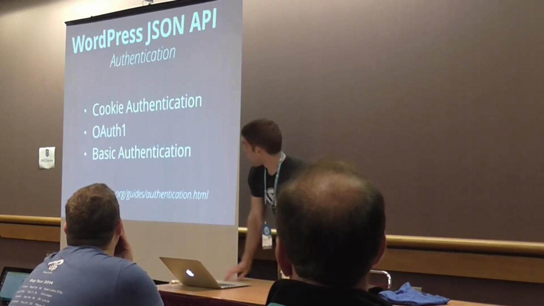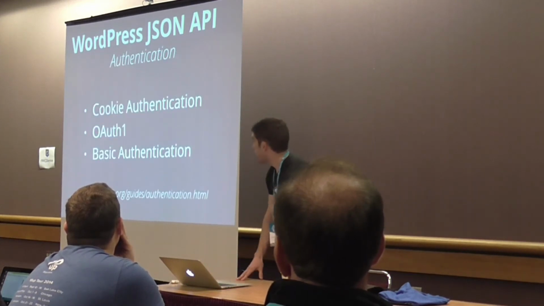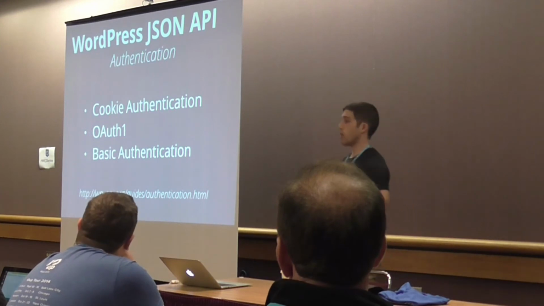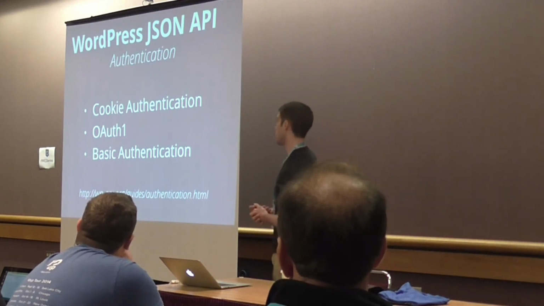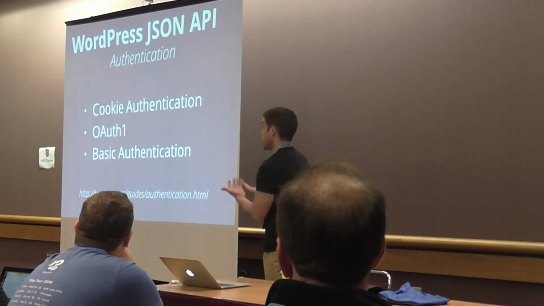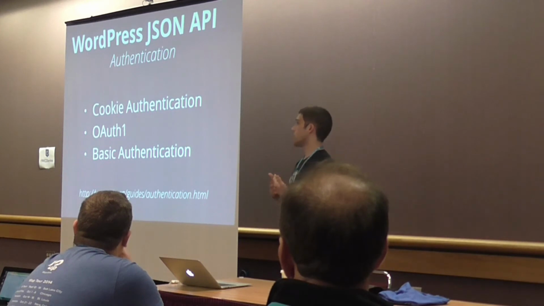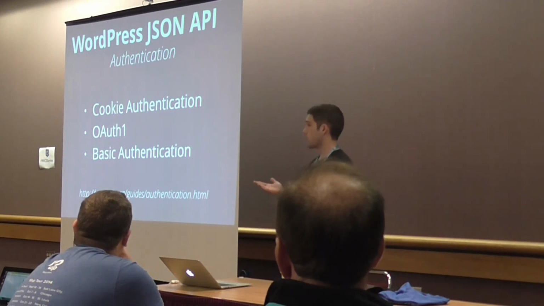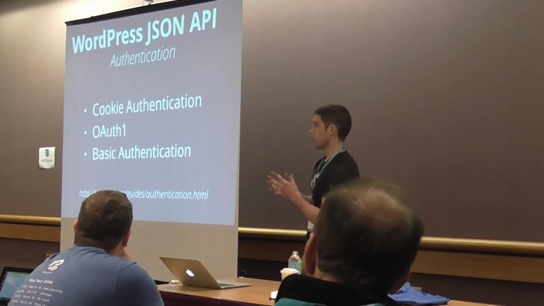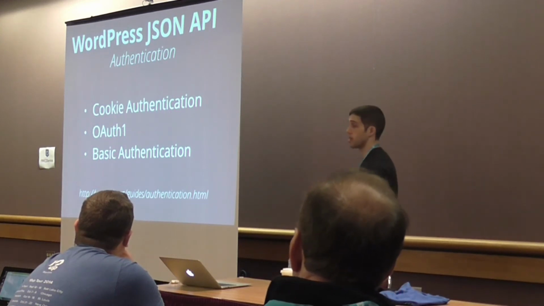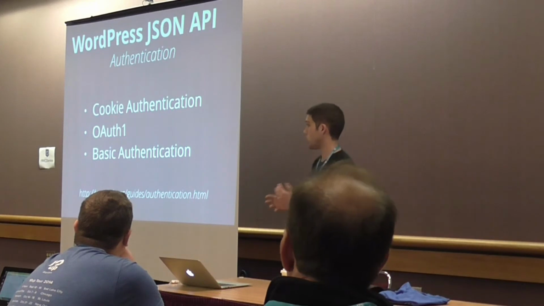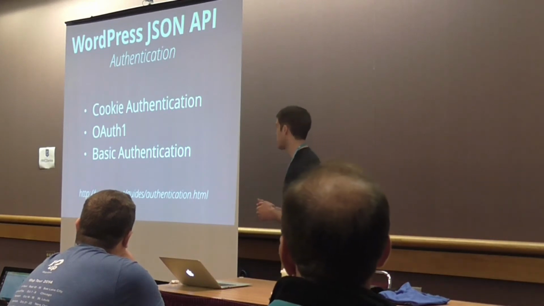There are a few authentication options available. If you are building something that's going to be hosted on the same site, it's easiest to use cookie authentication. Cookie authentication comes with this concept of security nonces. The WordPress JSON API can be interacted with from separate domains, which is awesome because if you're hosting a single page application, you can do these cross-domain requests.